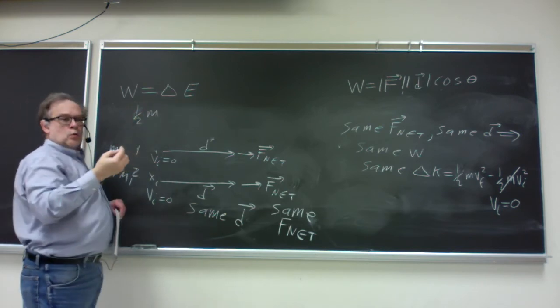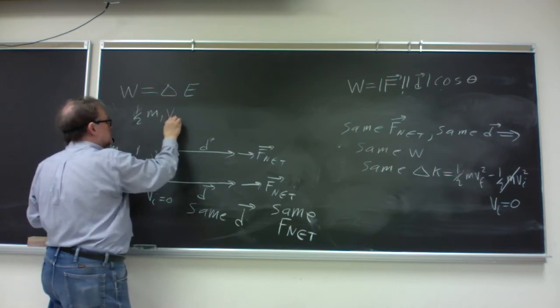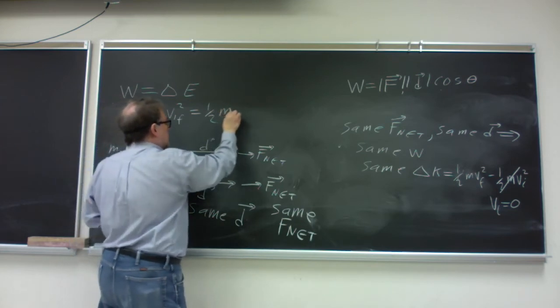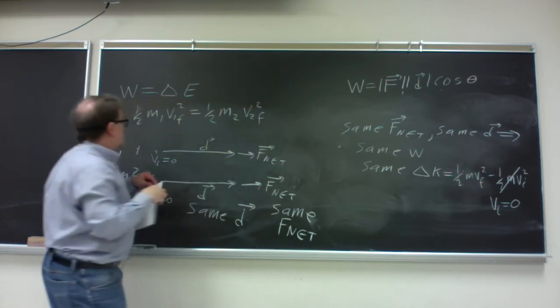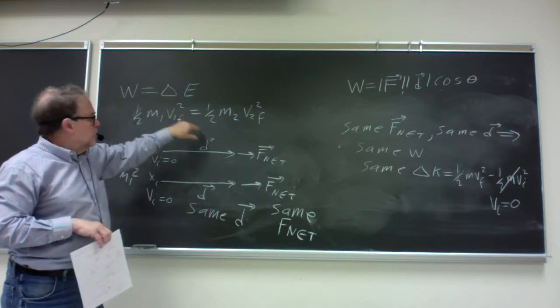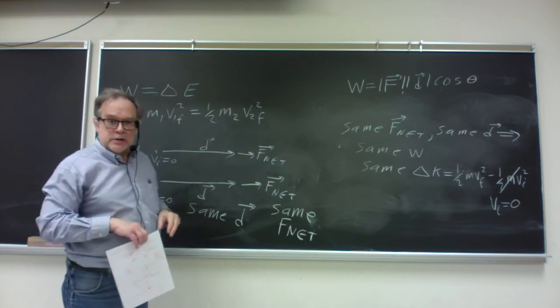So car 1's final kinetic energy is equal to car 2's final kinetic energy. 1/2 mass 1 car 1's final velocity squared equals 1/2 mass 2 car 2's final velocity squared.